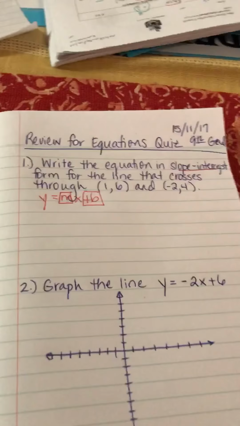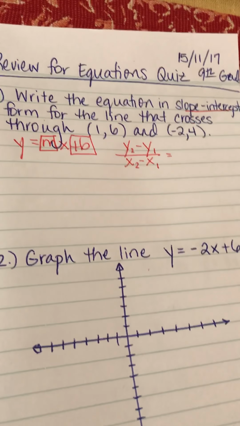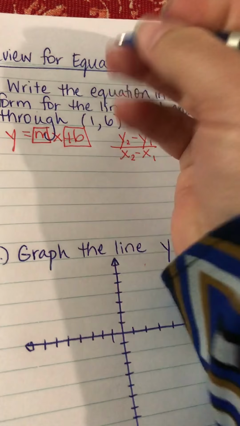So first, we need to find the slope, and we remember that the slope formula is y2 minus y1 divided by x2 minus x1. So in our ordered pairs, this one is x1, y1, x2, y2. So let's label those.